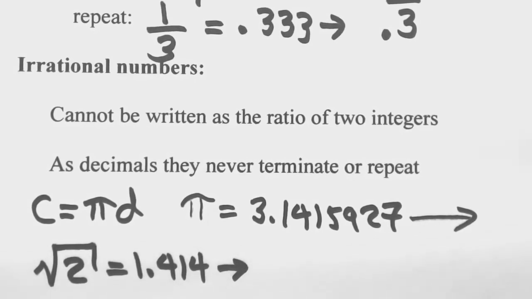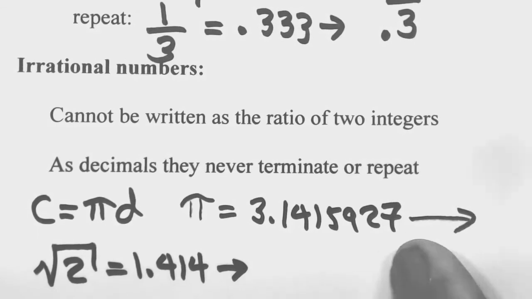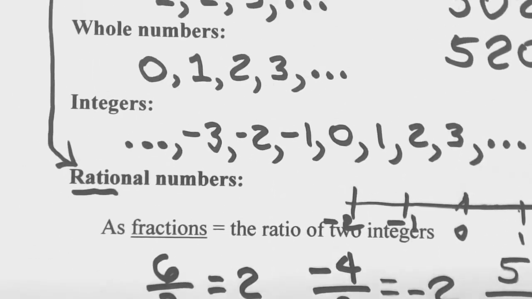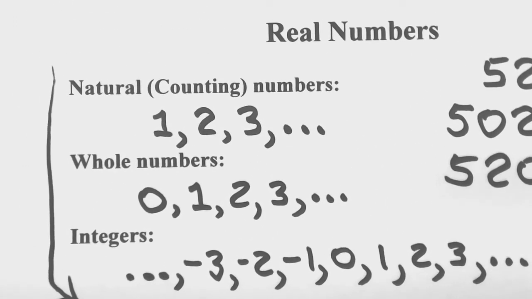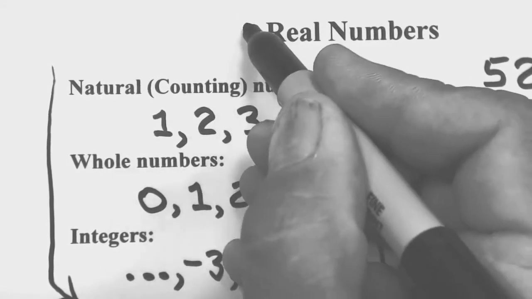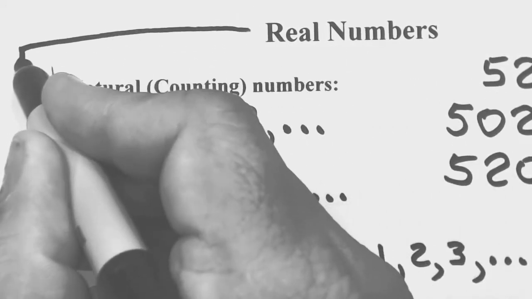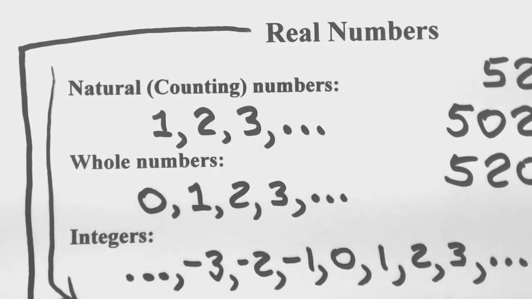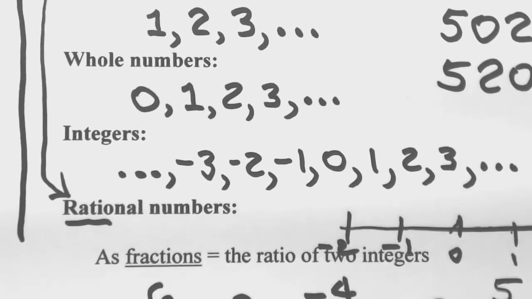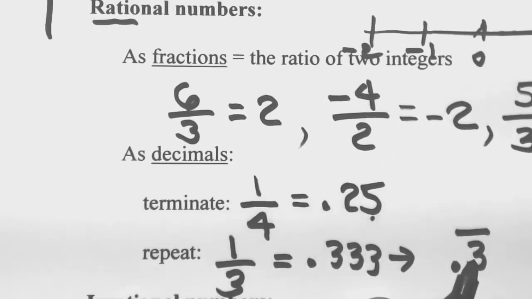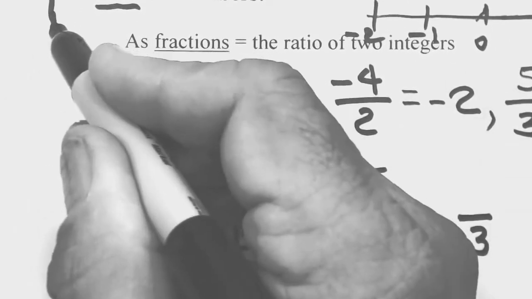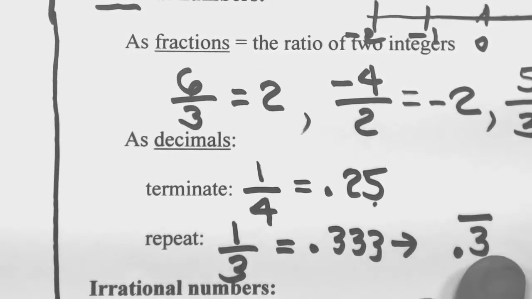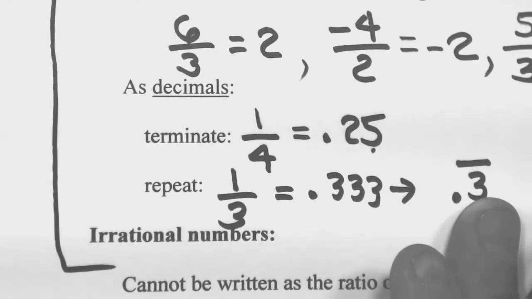Now, one last thing then. What we've done now is said, okay, what are the real numbers? Well, the real numbers are all of these guys. All of the natural, the whole, the integers, because they're really just types of the rational numbers. But this goes all the way down and also includes the irrational numbers.